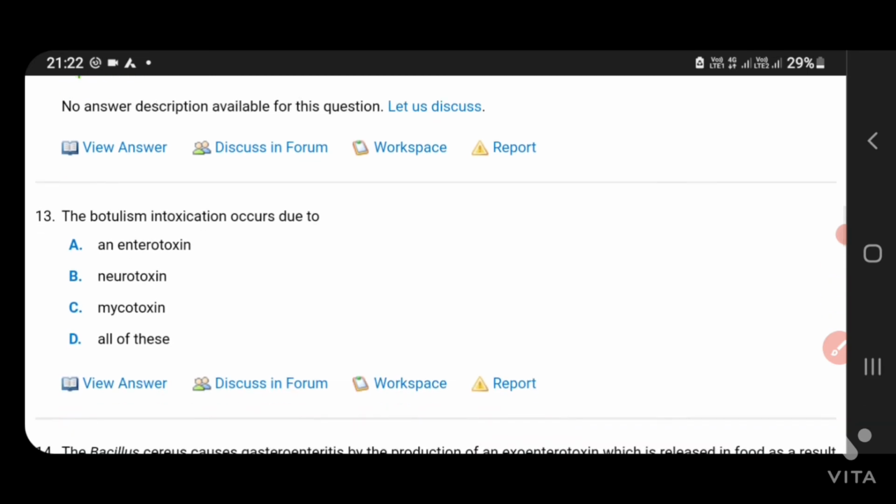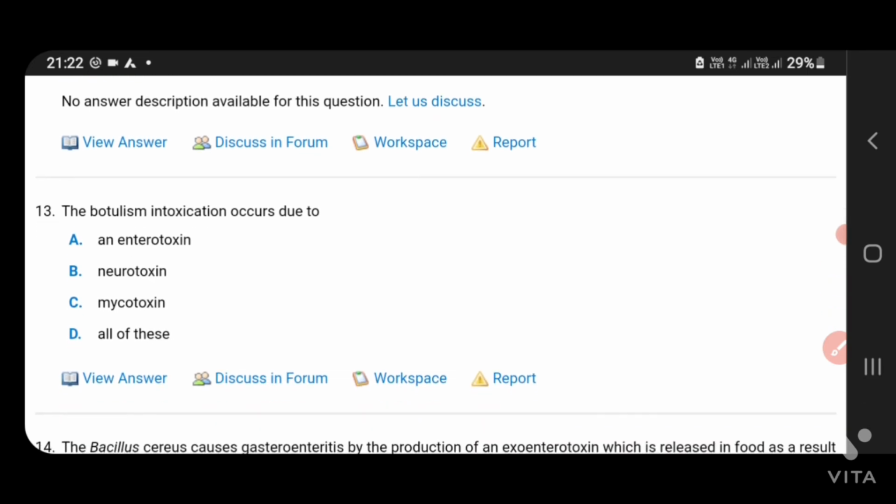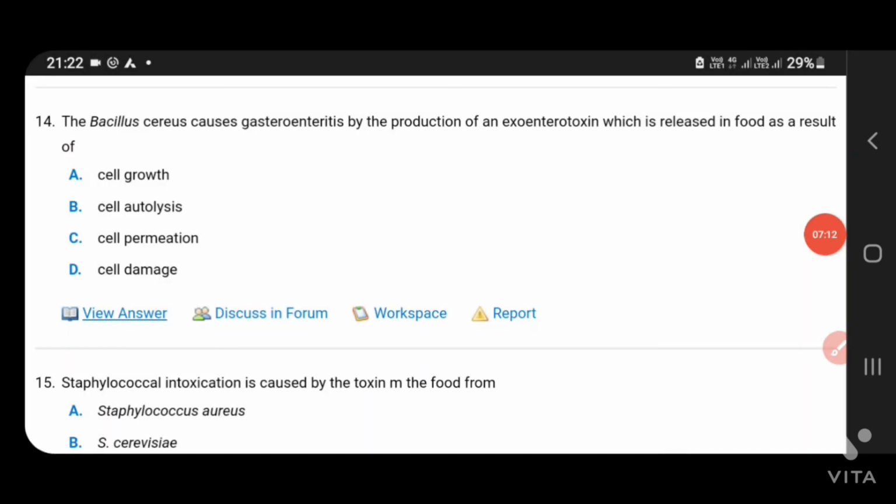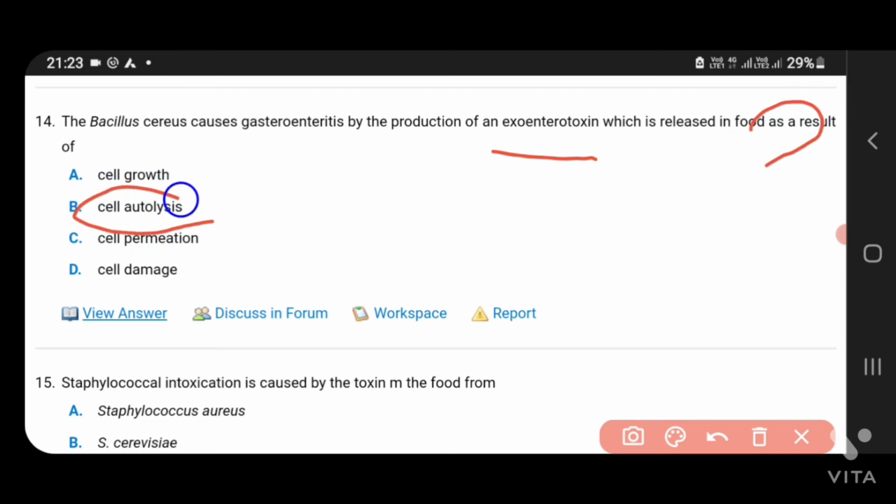Then next question is, the botulism intoxication occurs due to what? It is easy, neurotoxins. Okay. Then the Bacillus cereus causes gastroenteritis by the production of an exoenterotoxin which is released in food as a result of what? Cell autolysis. See, in cell growth there is no harm because there is no release of toxins.